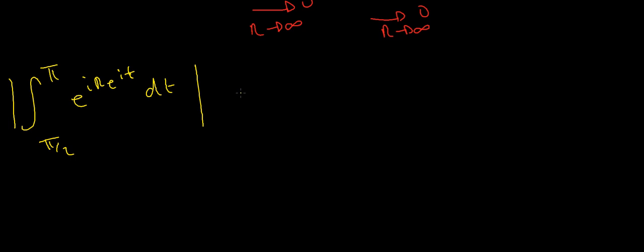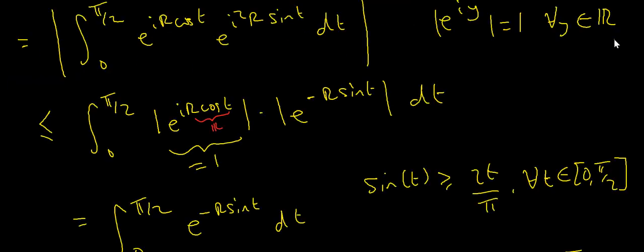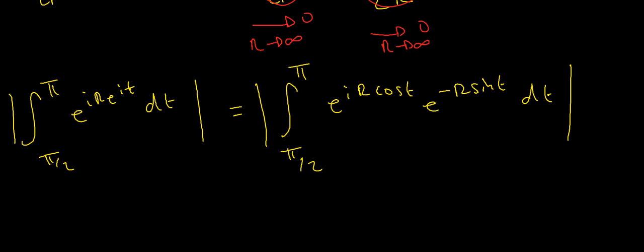Well, I've just shown you that this is equal to the modulus of the integral from pi over 2 to pi of e to the ir cos t e to the minus r sine t dt, and then I took the absolute value signs, the modulus signs, inside the integral via the triangle inequality, and that gave me what?